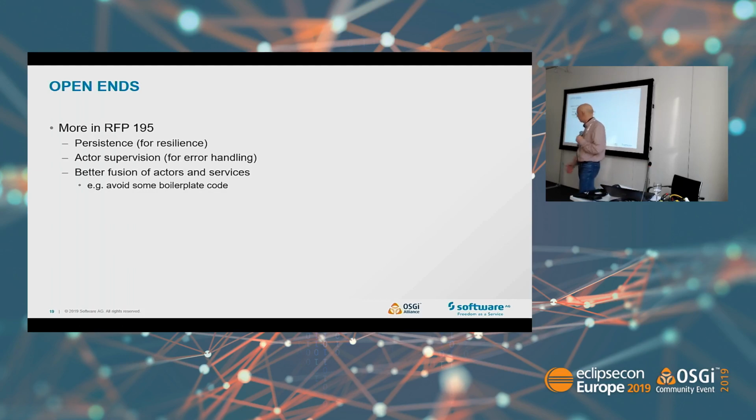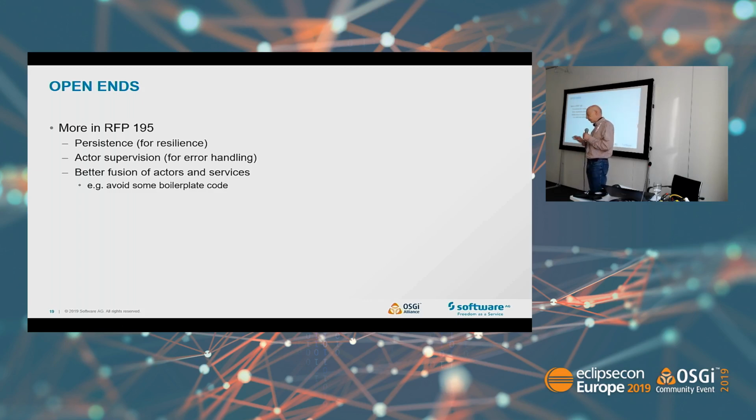that's part of the RFP 195 work. Akka provides persistence. When the actor system goes down, you can restart it from the state the actors were in, if you use the persistence mechanisms. We also did some work on that, but not in this demo. And there's a supervision mechanism in the Akka system also.